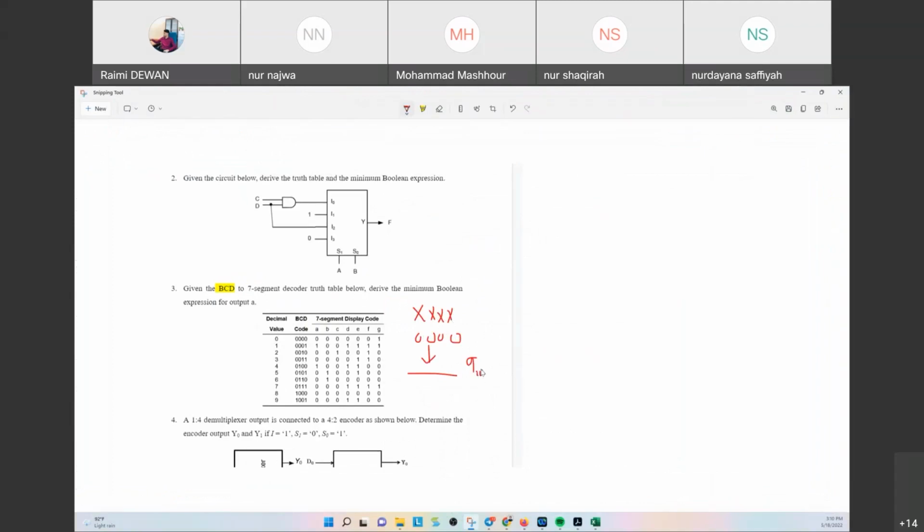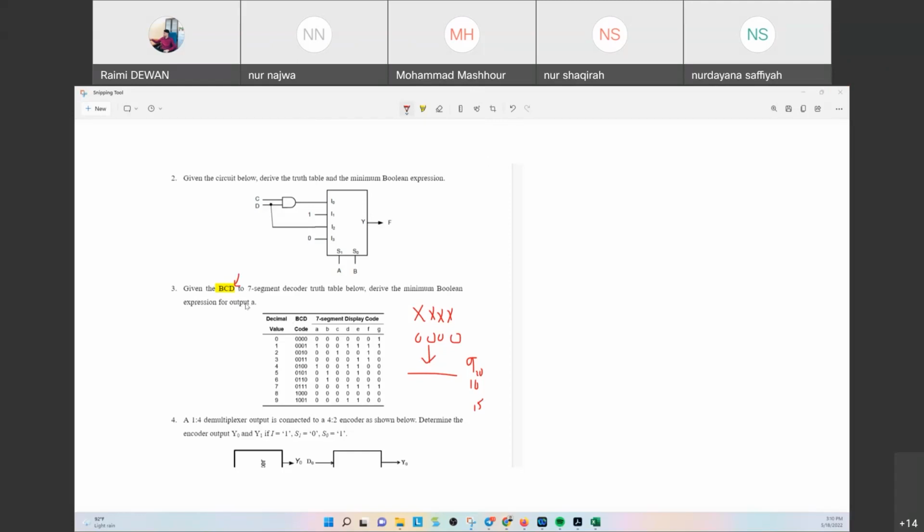However, you're not going to use the bits that represent 10 until 15, because this one is binary coded decimal. Decimal only has 9 symbols. Some of you unfortunately made mistakes during the test, even though it was already explained one day before the test, and I explained again before the test. It's binary coded decimal, not the same as binary.